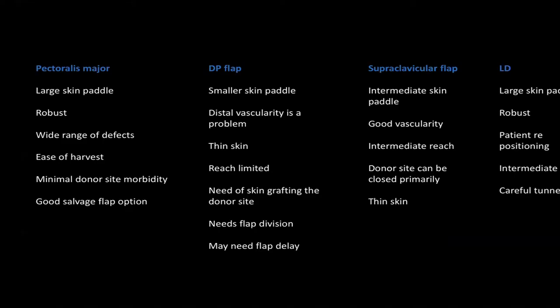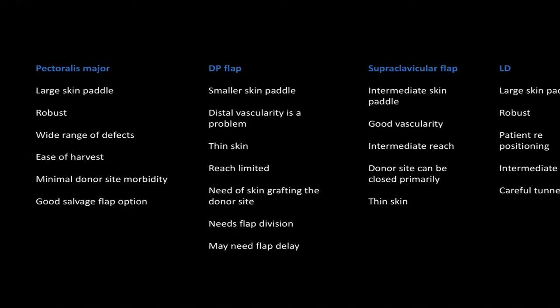I haven't done latissimus in a very long time because the pectoralis major basically takes care of most of the defects. The advantages of the pectoralis major are that it's got a large skin paddle. It's very robust. It can cover a wide range of defects in the head and neck. It's relatively easy to harvest with minimal donor site morbidity, and it's a good salvage flap option.